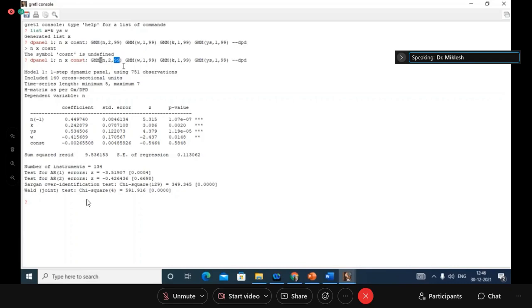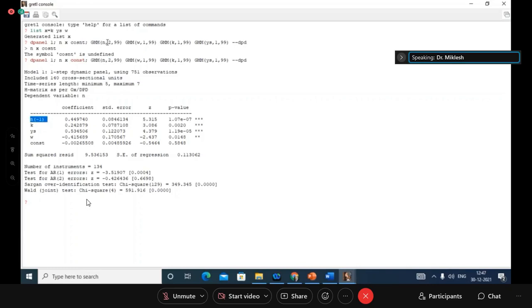I'll be talking about this, right? So GMM N 299 means take the instrumental variable of N from lag second to lag 99. Why lag second? Because I have already considered N minus 1 as IDV.